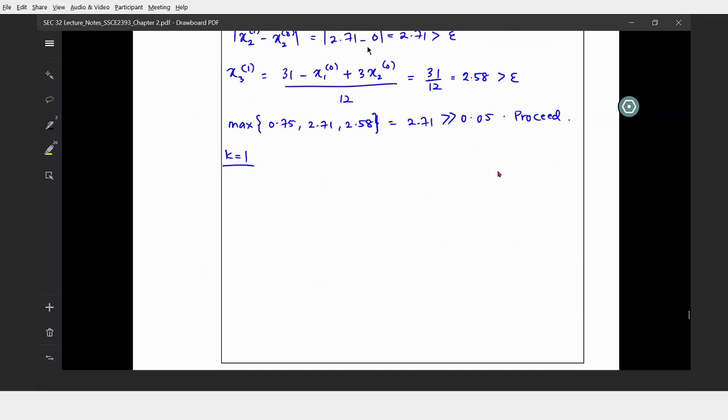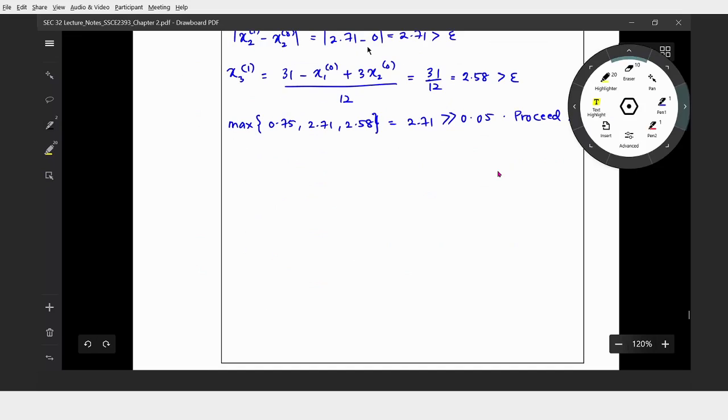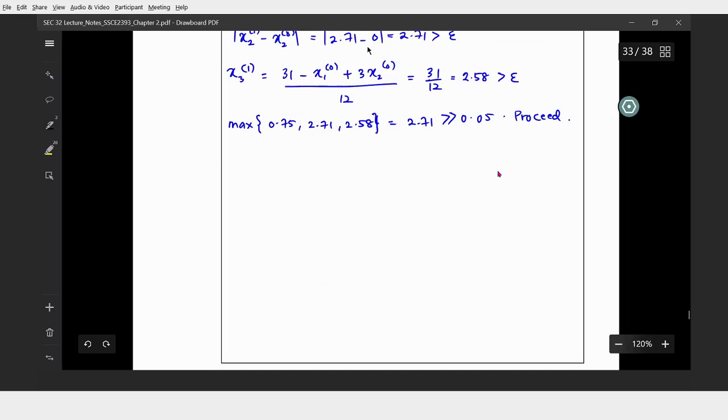Okay, so for the first iteration in the table, based on your first iteration, basically you can have this table at the first place without manual calculation.